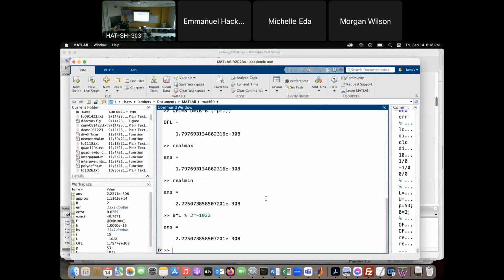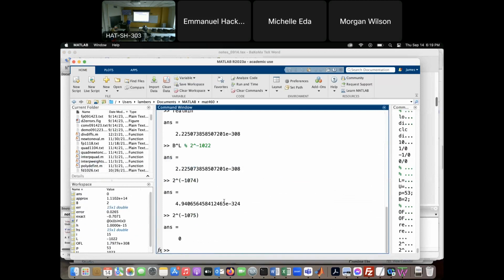So here's how we can get a smaller number than this so-called realmin. I can do 2 to the minus 1074, and I get a non-zero value. But if I go one step further, 2 to the minus 1075, it declares it to be 0.